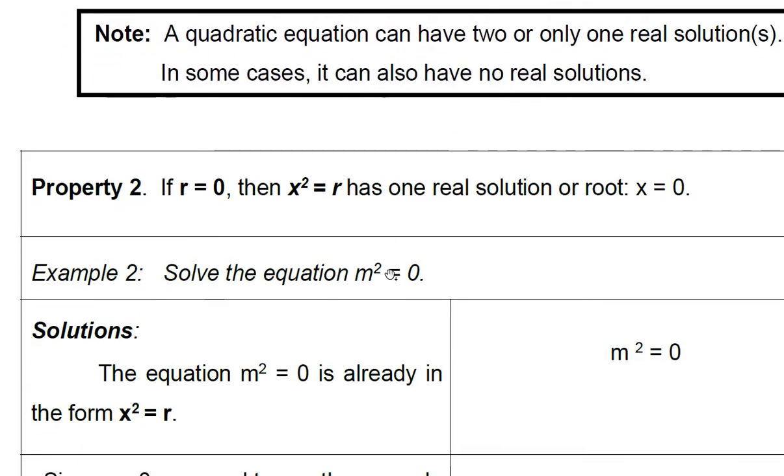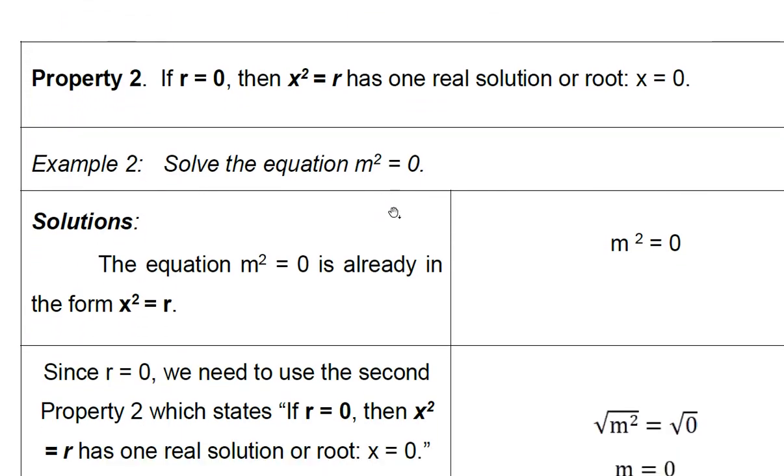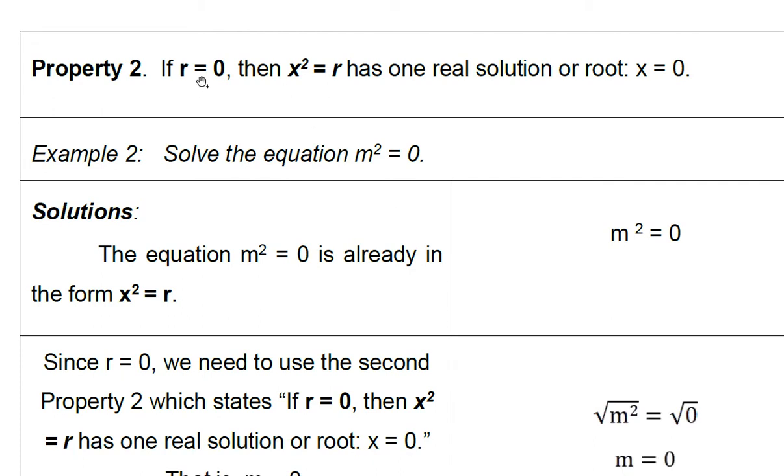So this is property number 2. If r, or the value of our c, is equal to 0, then x squared equals r has one real solution or root. So only one solution, or only one root, will be found.